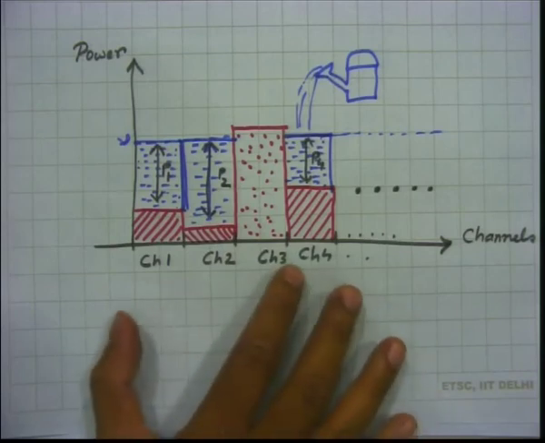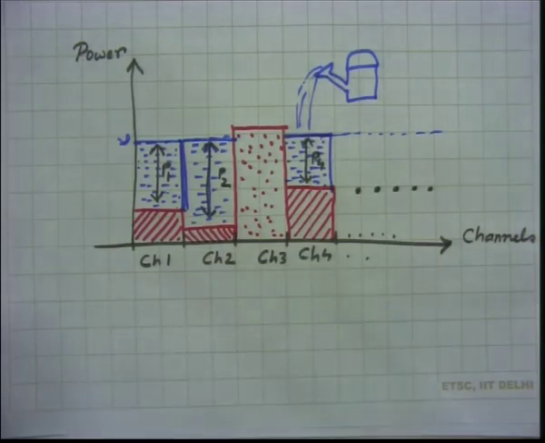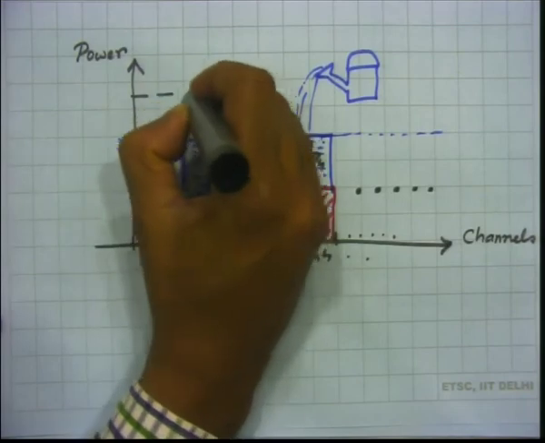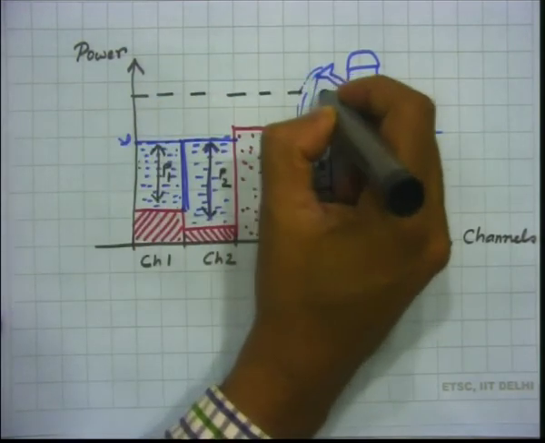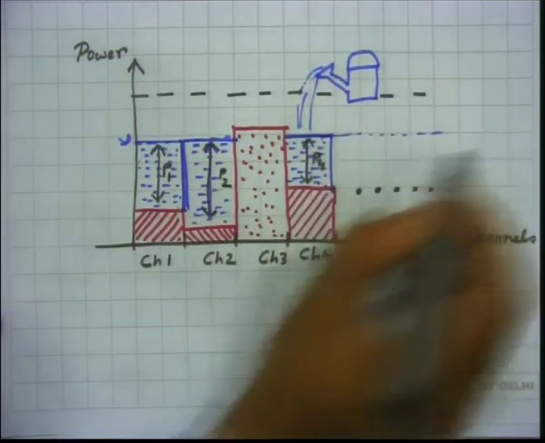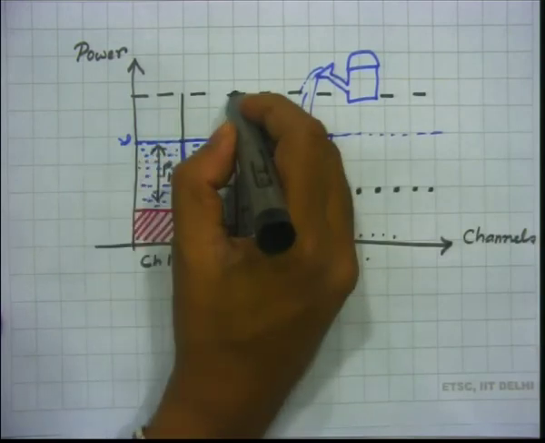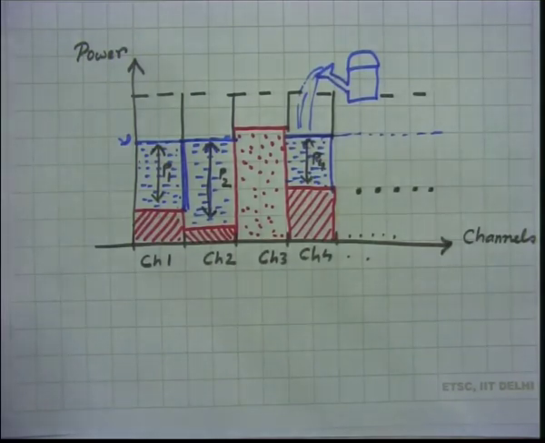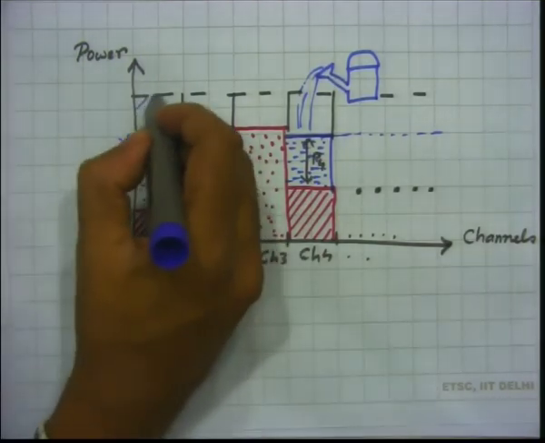Now, if you have the luxury of a larger quantity of power, suppose I set my threshold here, then I will see that even channel 3, which was left out in the previous case, also gets the power.